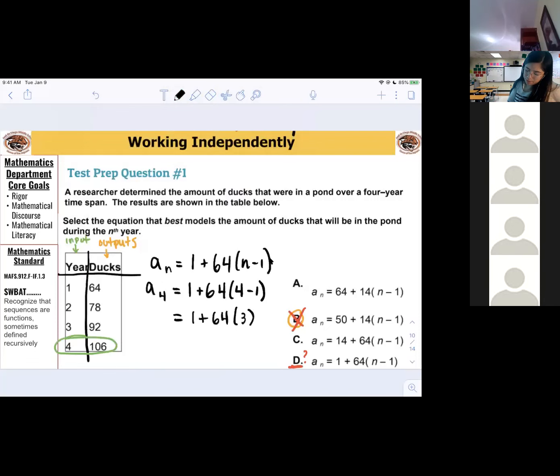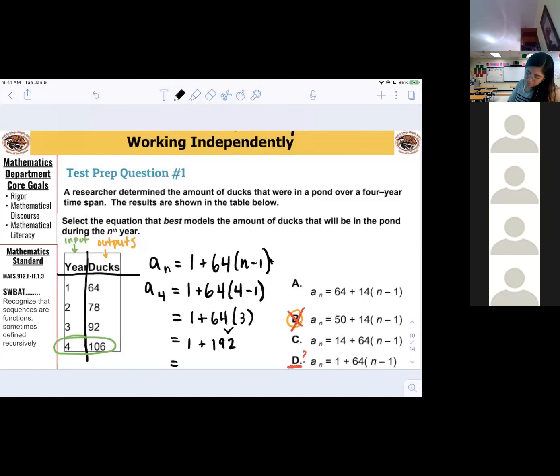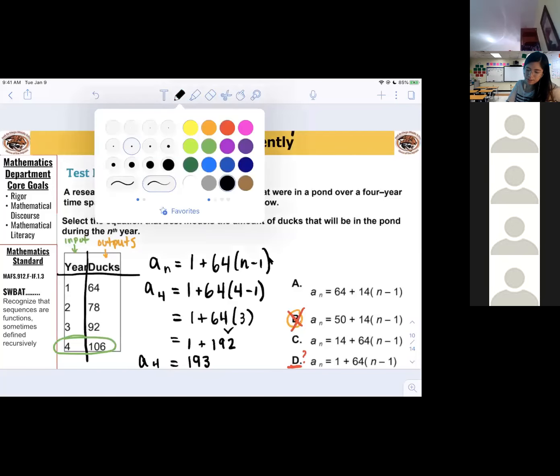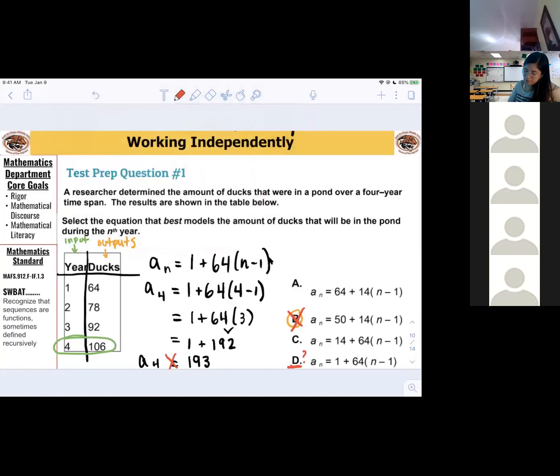And what's 64 times 3? 192. And 192 plus 1? 193. So is that correct? No, because I didn't get 106. I should have gotten 106 and I didn't. So that one's out as well.